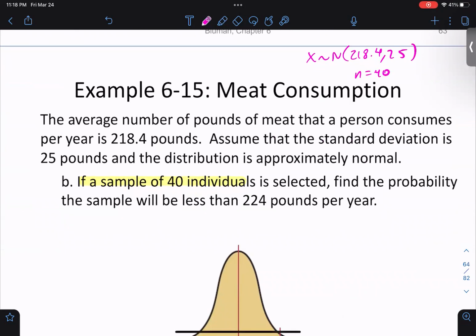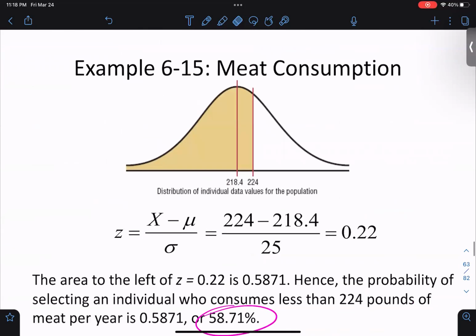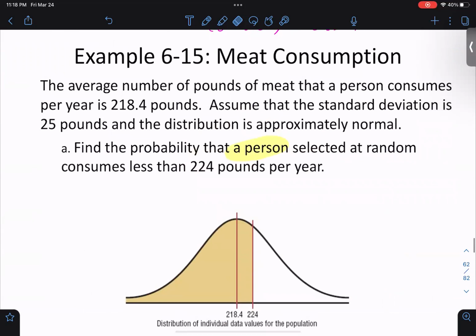Just in case, the central limit theorem formula works for all problems. If you get confused about which formula to use, you can always use the central limit theorem. Technically it's not correct, but you will end up with the right answer anyway. But try to understand the difference between these two.